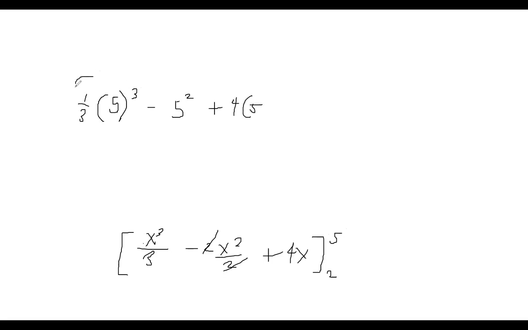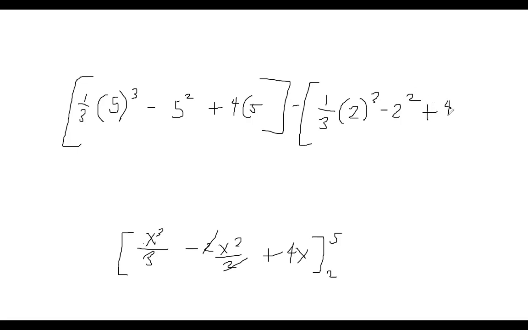That is the upper limit, and we subtract the lower limit: 1/3 times 2 to the power of 3 minus 2 to the power of 2 plus 4 times 2.